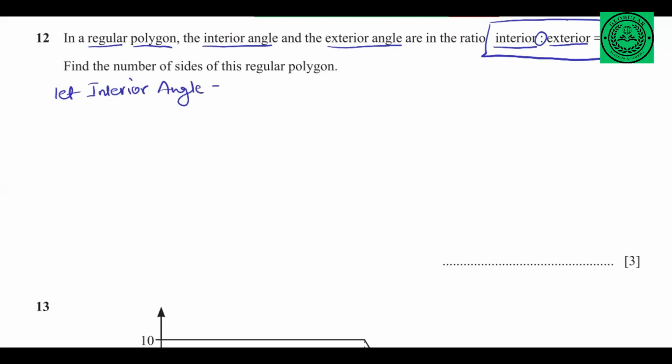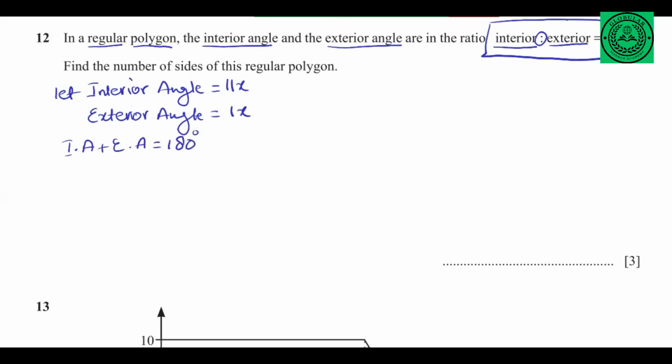out of this ratio, we can say it is 11x. Simply multiply x with 11 and also x with 1. So 11 is for interior and 1 is for exterior. So we can say that in that case, exterior angle turns out to be equal to 1x. Now we know the rule about the sum of interior and exterior angle, that interior angle plus exterior angle is always equal to 180 degrees.